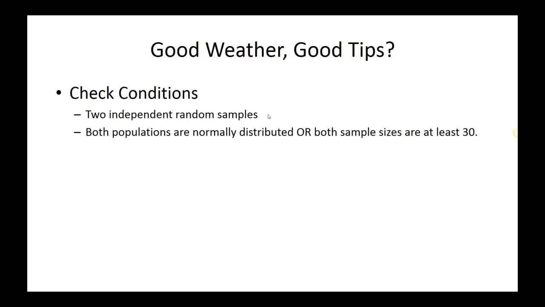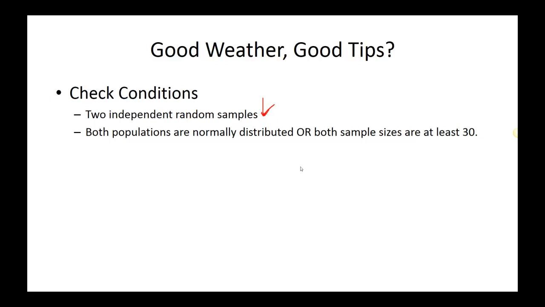So for our first condition, it said that the waitress randomly decided which customers were going to get which message. So we do have a random sample, and as described earlier, those 2 samples are independent because knowing who is in the good weather group doesn't tell you anything about who's in the bad weather group. So we meet condition number 1.